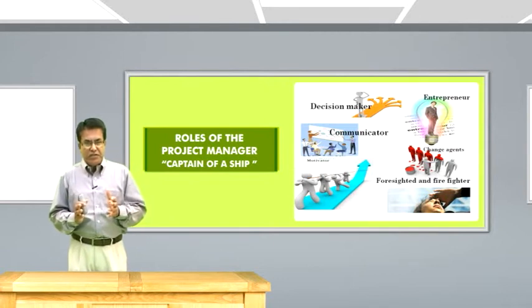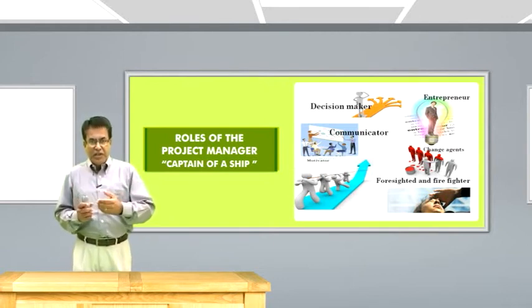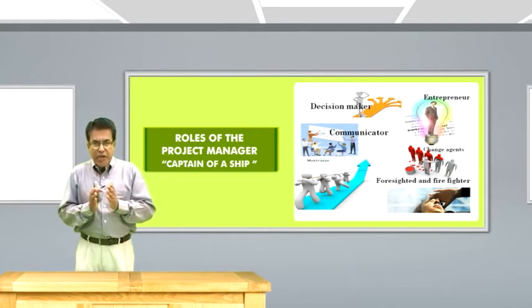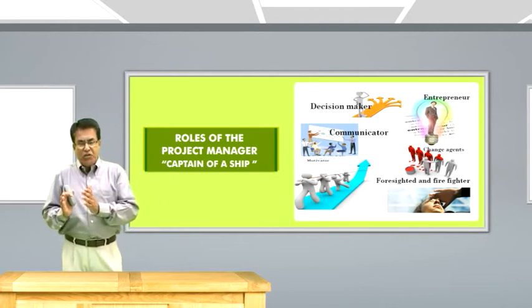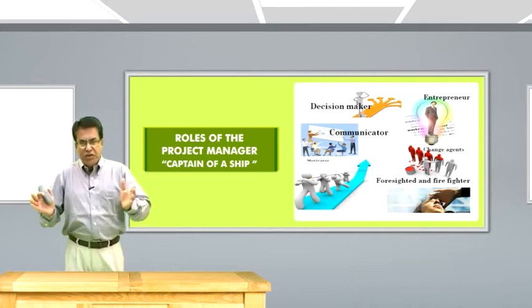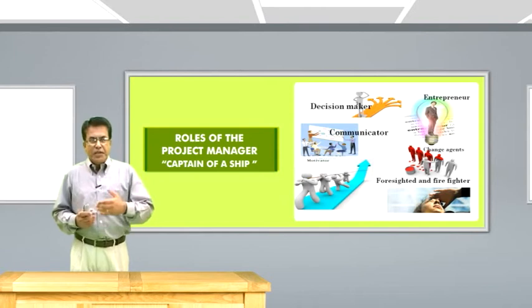And decision making is a skill, it is a challenge, because decision making comes when a problem has a number of alternatives. If a problem has a single alternative, there is no problem, there is no challenge, but if a problem has many alternatives, then which is the best alternative? That involves proper decision making.